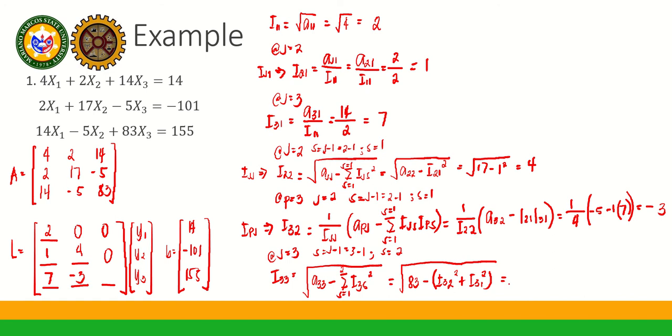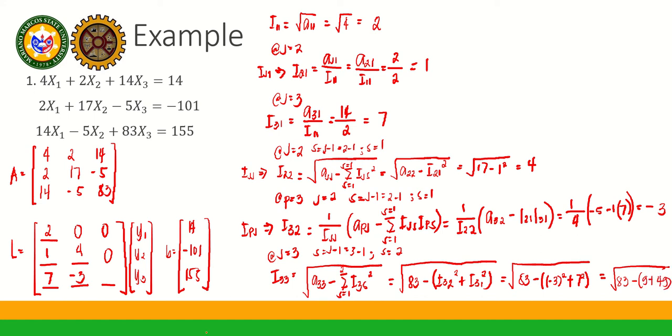So, this will be equal to the square root of 83 minus, what is I32? Solved earlier, that is equal to negative 3. Negative 3 quantity squared plus, what is I31? That is 7 squared. And this is equal to the square root of 83 minus 9 plus 49.